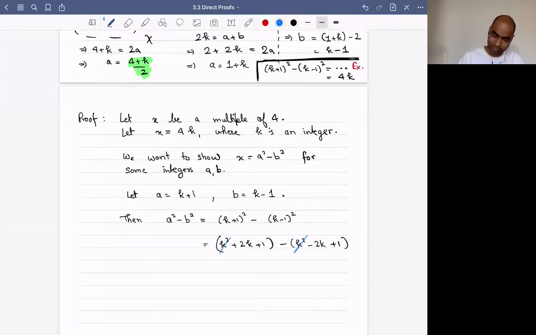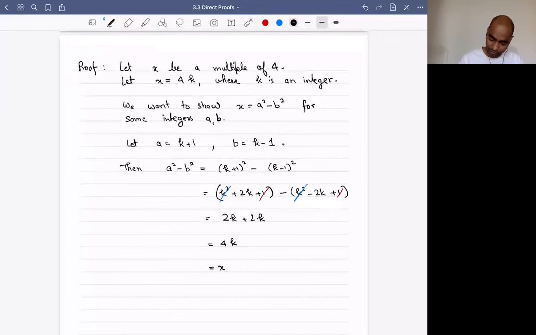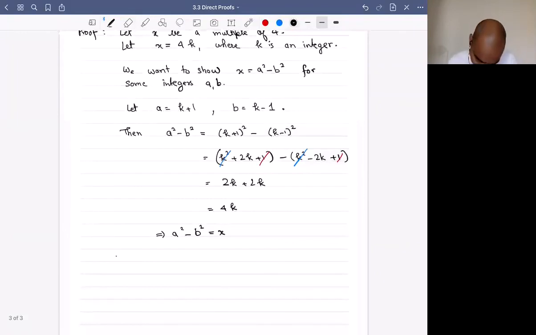K square cancels with k square, 1 cancels with 1, and I get 2k plus 2k, that is 4k. But 4k is exactly x. And so I've shown that a square minus b square is equal to x. This is what we were supposed to prove.